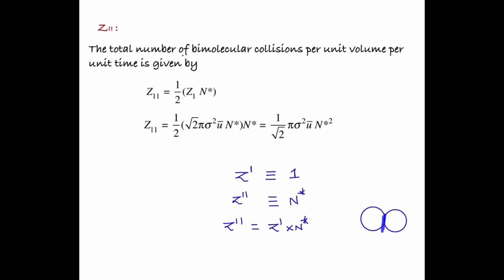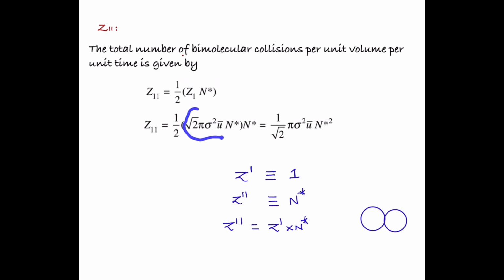Actually there is only one collision, but you are counting twice, hence it should be divided by 2. Hence Z11 is equal to 1 by 2 times Z1 into n star.